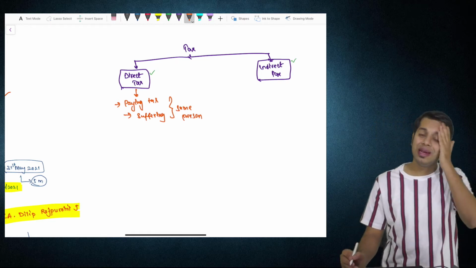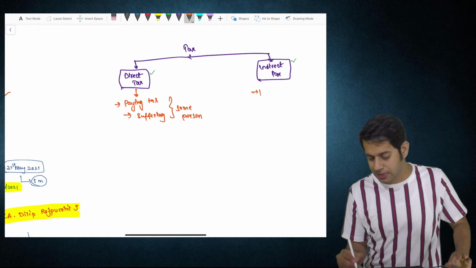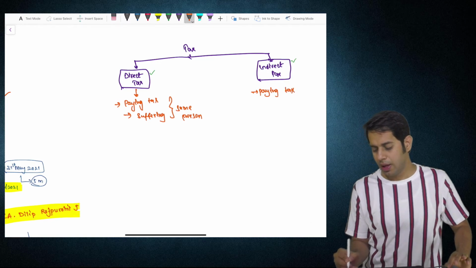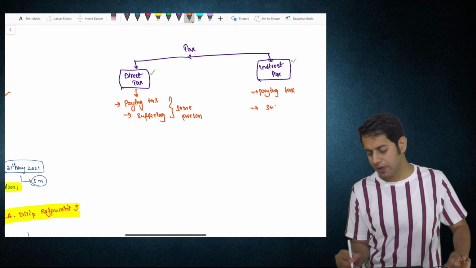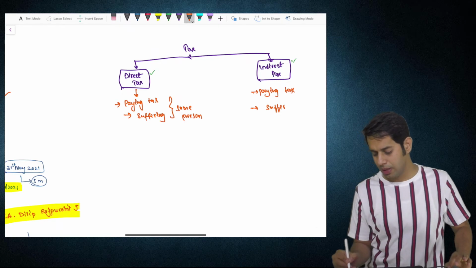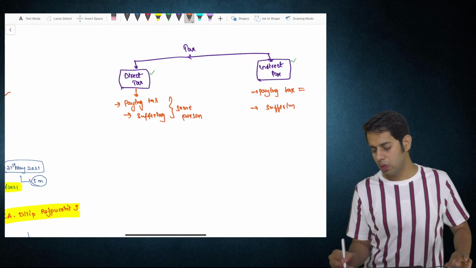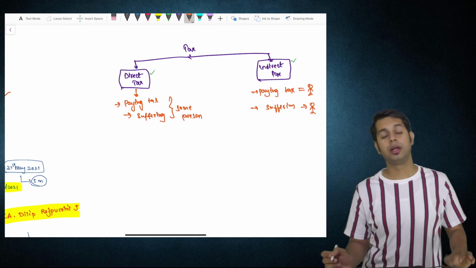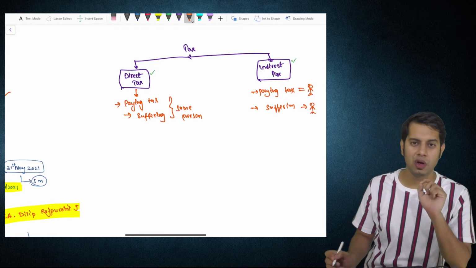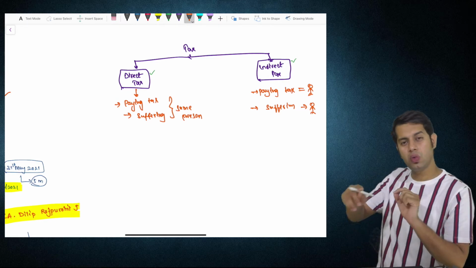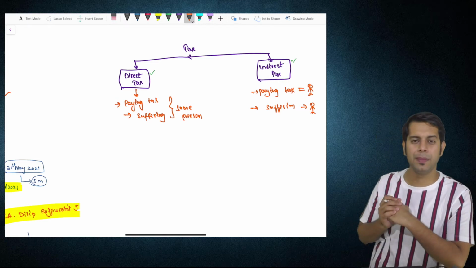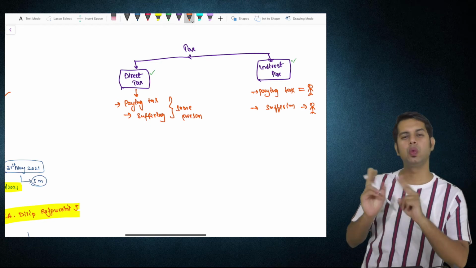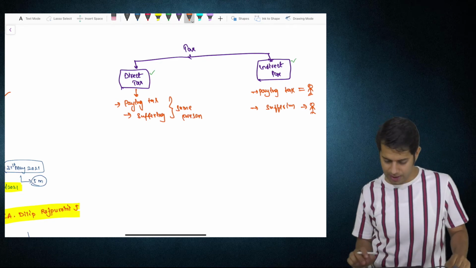Whereas in case of indirect taxes, the person who is paying the tax to the government and the person who is actually suffering it are two different persons, the person from whom this money is taken by the payer.